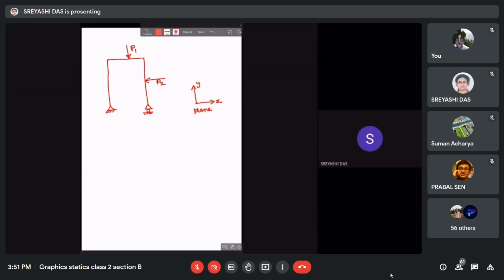Suppose this is 3 meters, this is 1 meter, this is 2 meters, and this is 2 meters. We have to find the reactions on this portal frame due to the loads P1 and P2. So this is the form diagram.